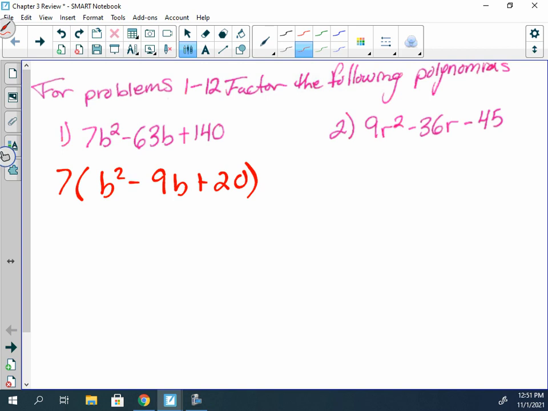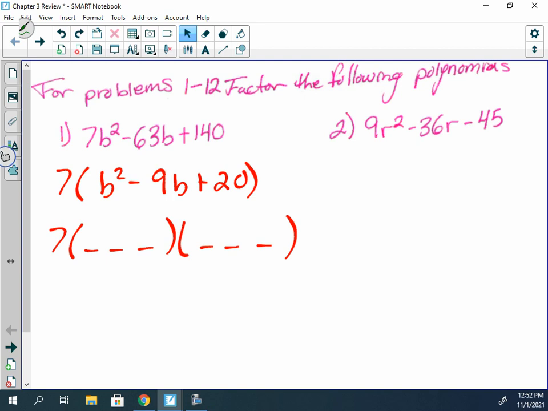When we factor it out, we're left with 7 parentheses b squared minus 9b plus 20, because we need to pull out that greatest common factor. Now once we pull out the greatest common factor, we're going to write our 2 sets of parentheses with 3 spaces.